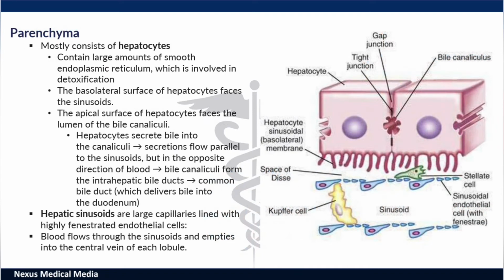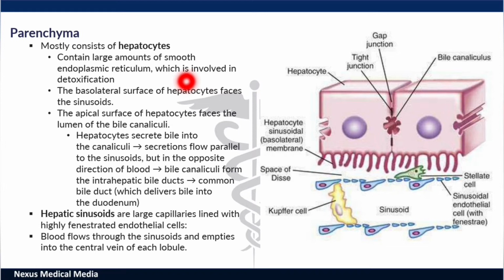Let's talk about the parenchyma of the liver itself. It mostly consists of hepatocytes, the cells of the liver, and these hepatocytes contain a large amount of smooth endoplasmic reticulum, which is involved in detoxification.